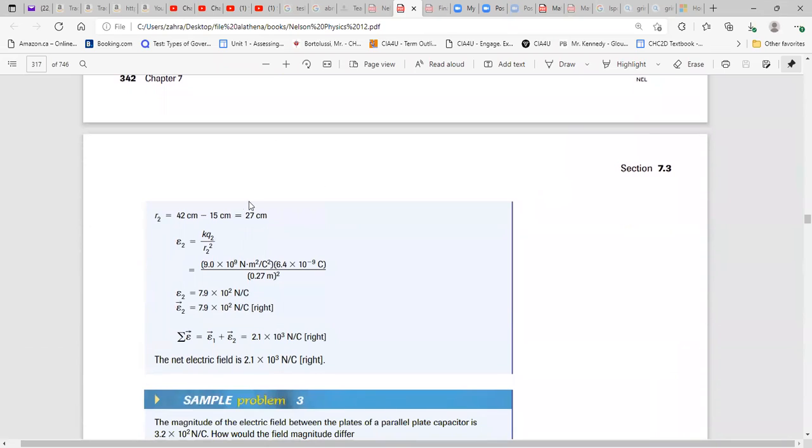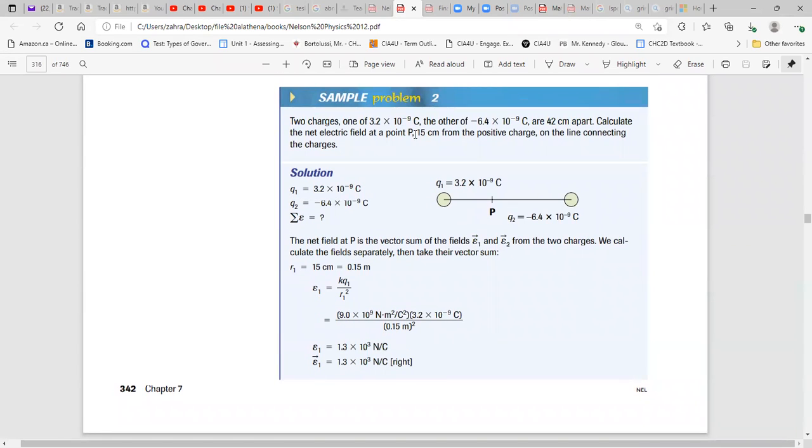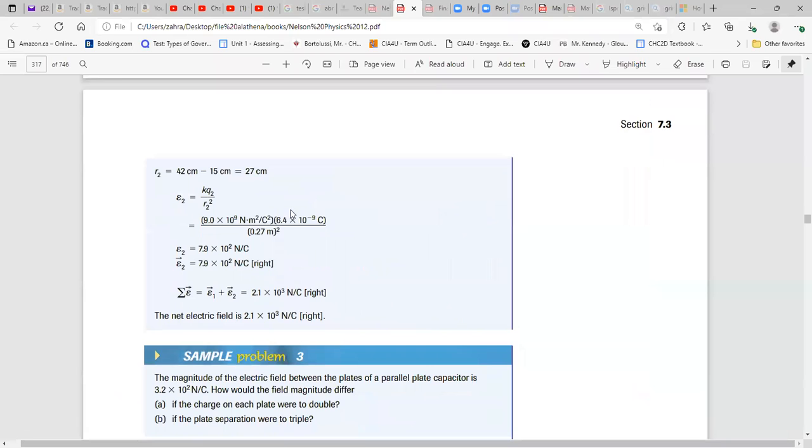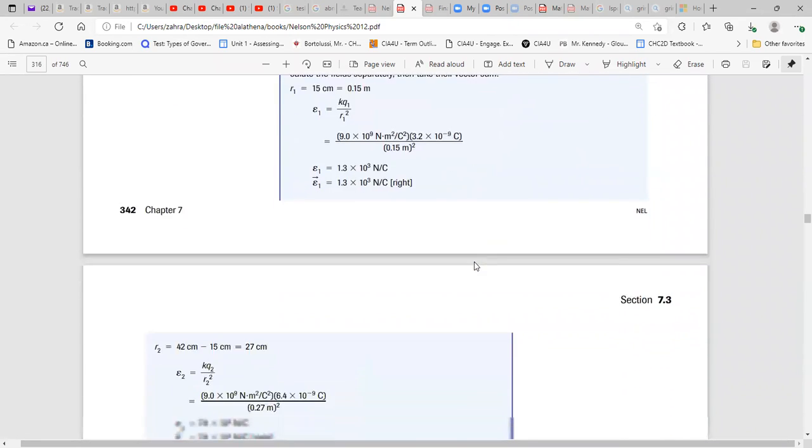Same thing for r squared. Just make sure it's 15 centimeters from the positive charge. So here from the positive charge is 15 centimeters, and 42 minus 15 is 27. It's 27 from the negative charge, right?